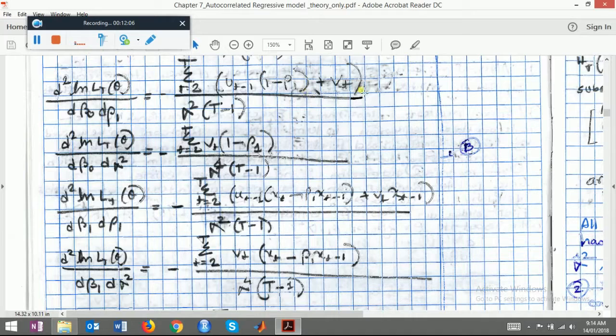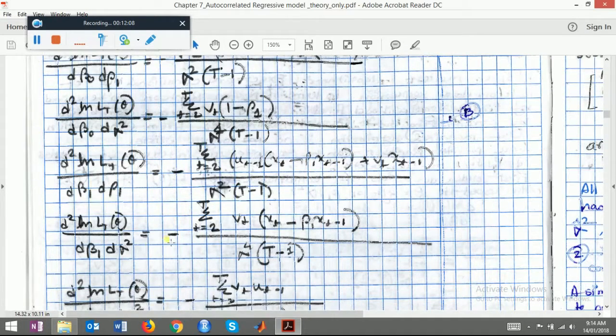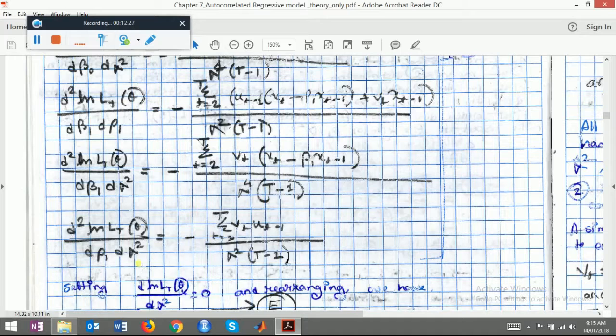This is the coefficient of the constant, so nothing comes in. Beta 1 sigma square, so obviously instead of taking squares, you have the beta 1 portion, x minus rho 1 xt minus 1, and instead of Vt squared, basically Vt and this portion is multiplied, but you have Vt as well, easy.